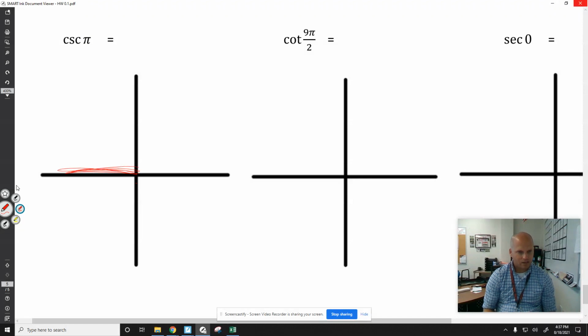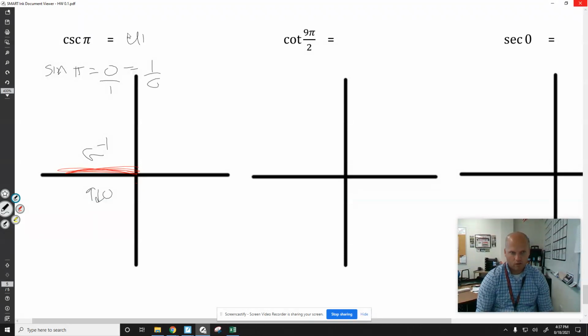Here's pi. Left 1. Up, down, 0. Cosecant is sine flipped. All right. Sine of pi, 0. Flip 0, 1 over 0, undefined.